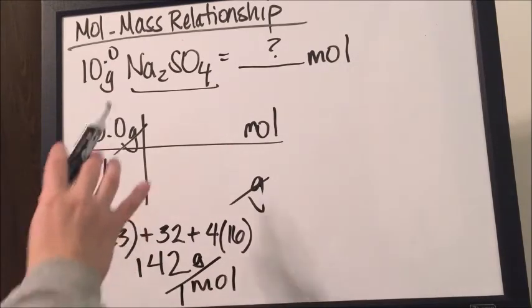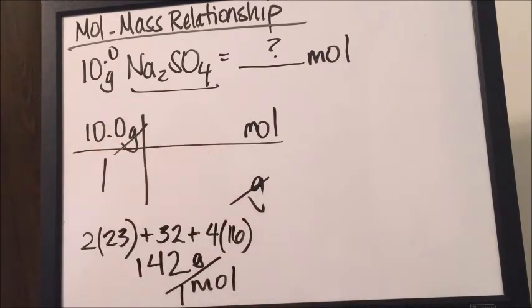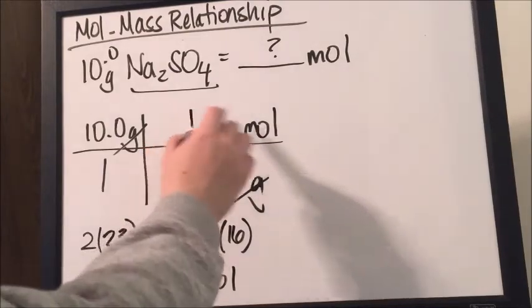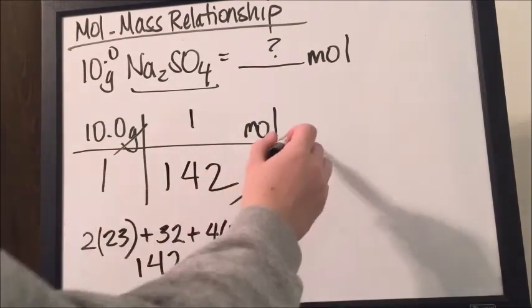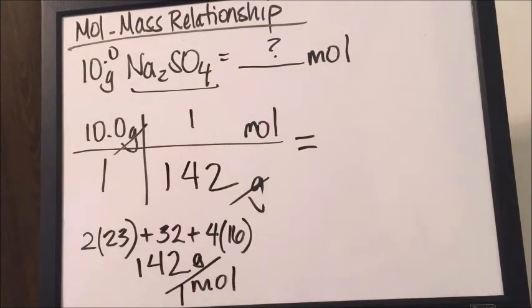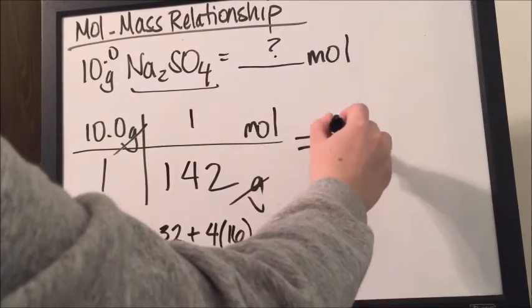And so when we go to my chart, or my problem, I guess, 1 mole contains 142 grams of sodium sulfate. This time it's a division problem. 10 divided by 142 gives you a lengthy decimal.